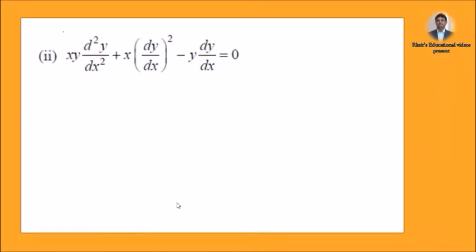Now look at this example: xy d square y by dx square plus x dy by dx whole square minus y dy by dx is equal to 0. In the given example, the highest order is d square y by dx square, so the order is 2.